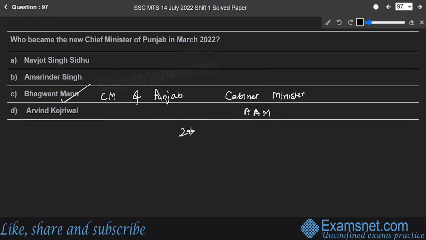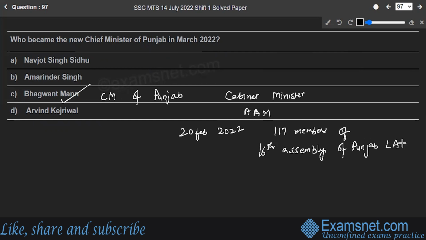On 20 February 2022, elections for 117 members of 16th Assembly of Punjab Legislative Assembly were conducted in Punjab, through which he gained a majority. So option C is the correct answer to the question.